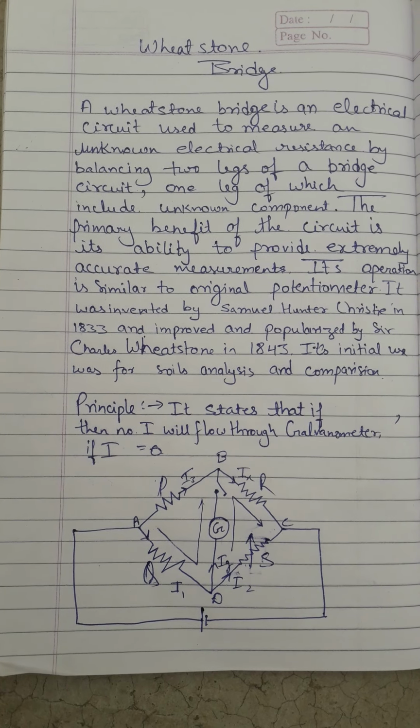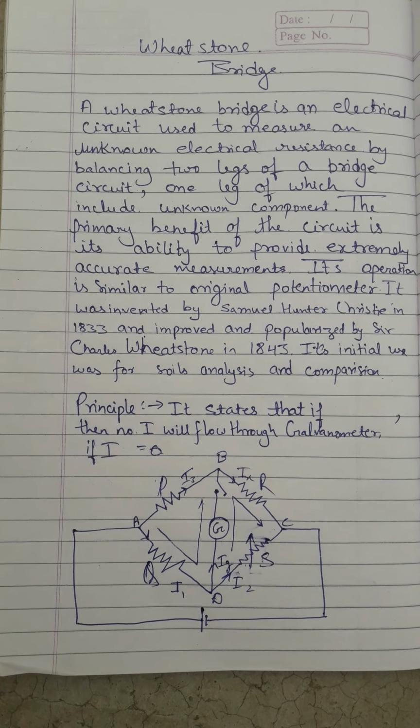A Wheatstone bridge is an electrical circuit used to measure an unknown electrical resistance by balancing two legs of a bridge circuit. So if we have to find an unknown electrical resistance, we can find it by using the method of Wheatstone bridge. One leg of which includes the unknown component.